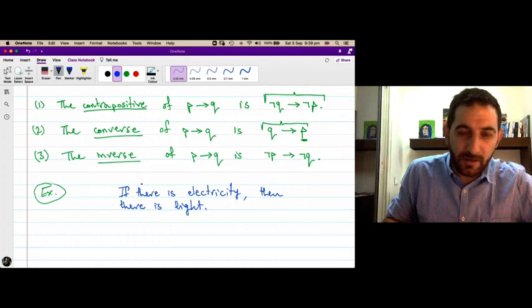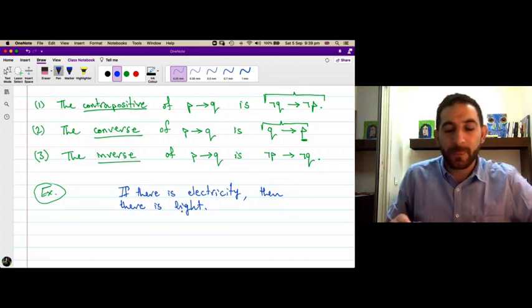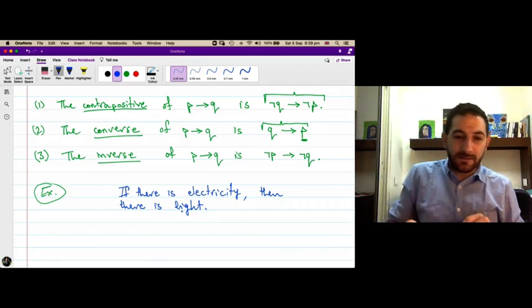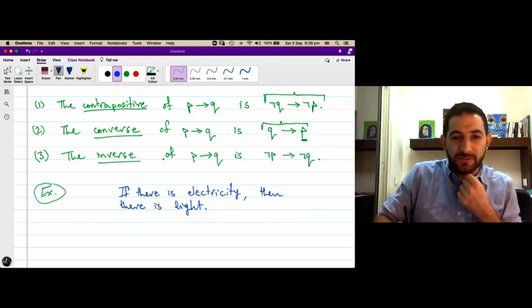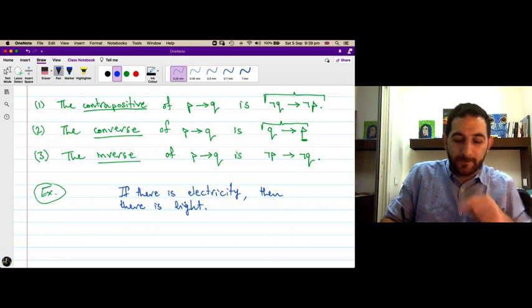What is the hypothesis? There is electricity. What is the conclusion? There is light. Now what is the contrapositive of this statement? The contrapositive is if there is no light, there is no electricity. And what is the converse? If there is light, there is electricity. And the inverse is if there is no electricity, there is no light.